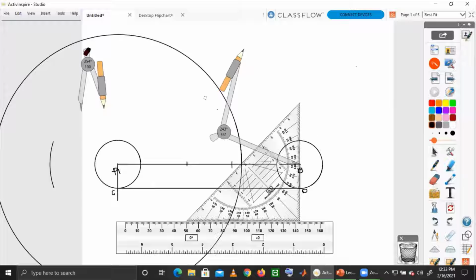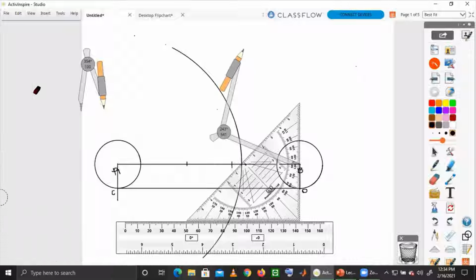Now, I mentioned earlier on that what we actually need is the arc, but not a circle. So what I can do is to clean the other parts of the large circle that we do not need. We do not need all this.